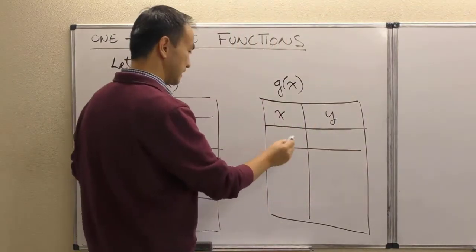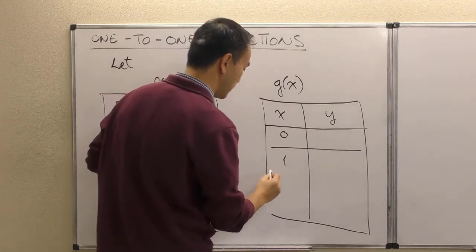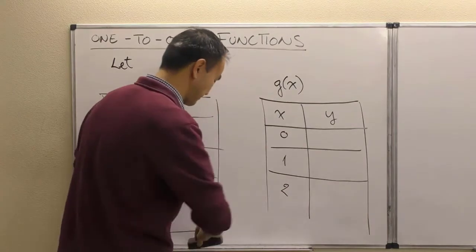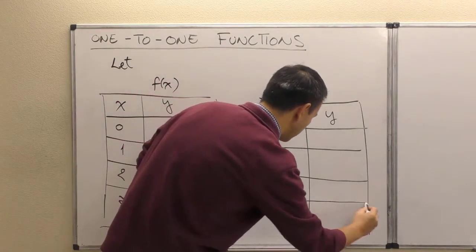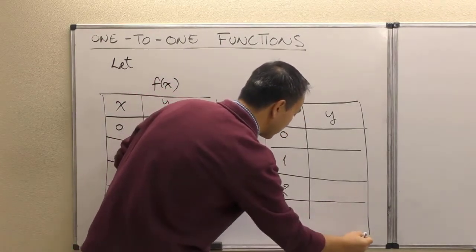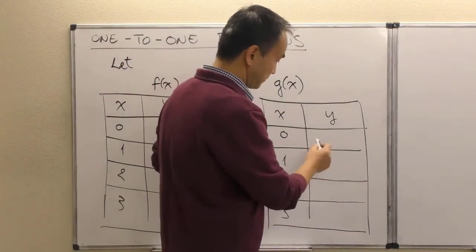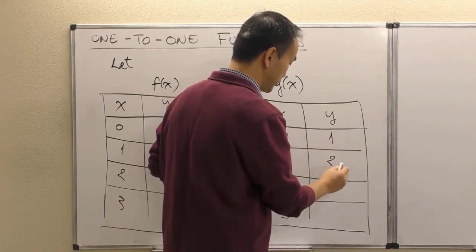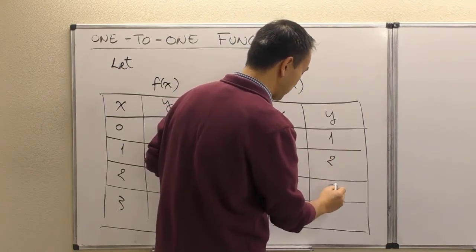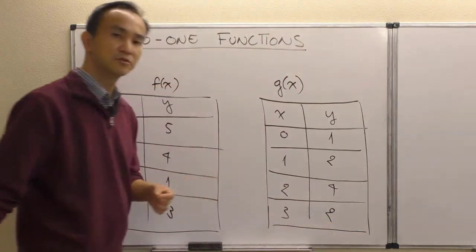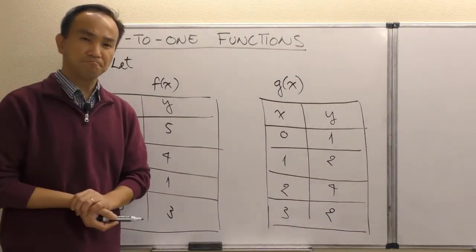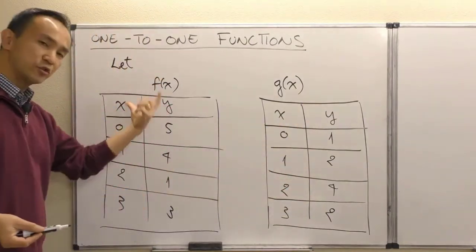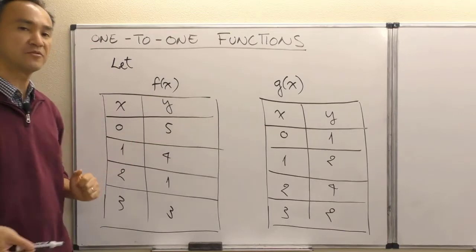We have 0, 1, 2, and 3, with outputs 1, 2, 4, 2. Okay, so those are the values. These are just the rules of the function represented by the table. This is the rule for the function f, and that's the rule for the function g represented by the table.